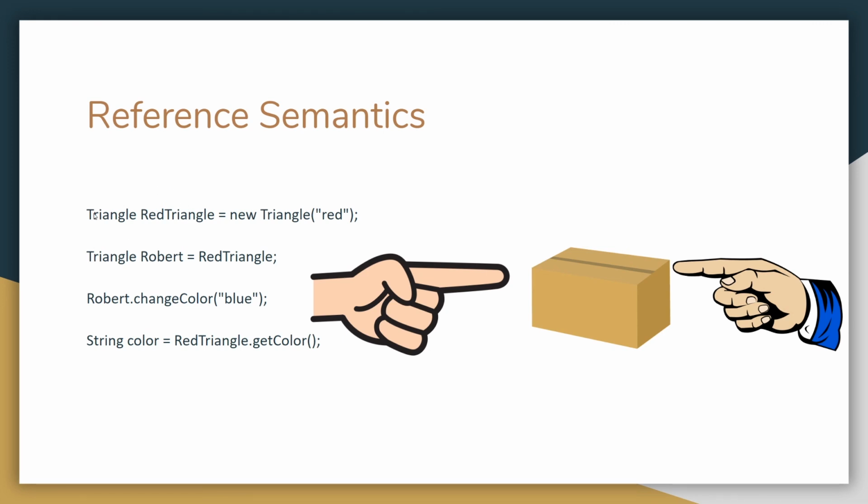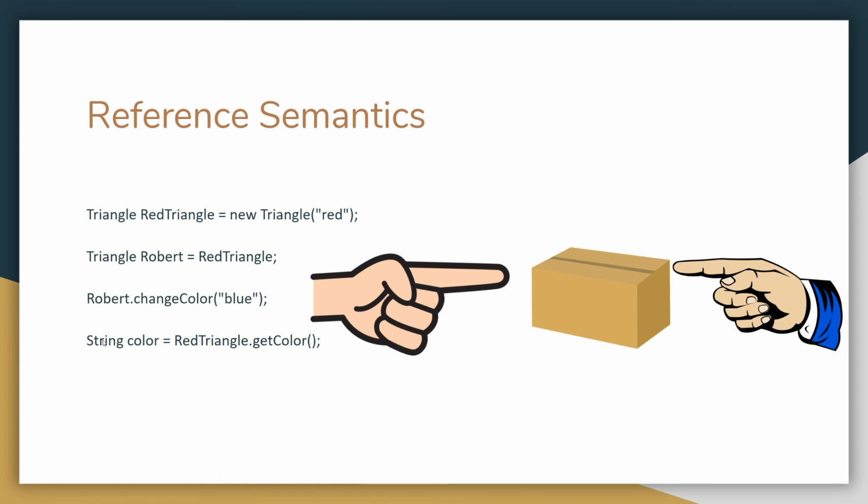So say you have an object called Triangle, and you give it the name redTriangle is equal to new Triangle, and then you give the name of the color that the triangle is. And say Robert is a red triangle. As you say, you create a new Triangle named Robert, and you set that equal to redTriangle. And then you change Robert's color to blue. Okay?